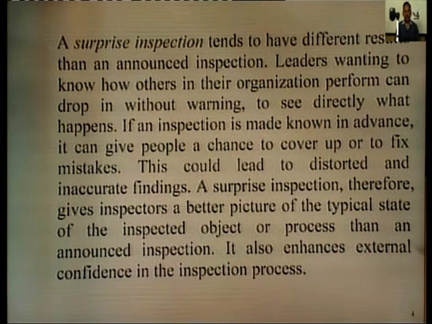A surprise inspection tends to have different results than an announced inspection. Leaders wanting to know how others in their organization perform can drop in without warning to see directly what happens. If an inspection is made known in advance, it can give people a chance to cover up or to fix mistakes.